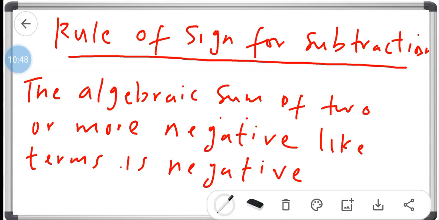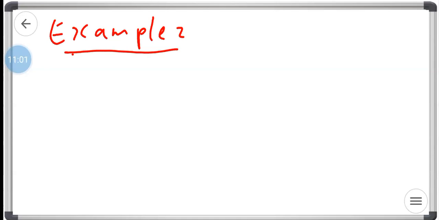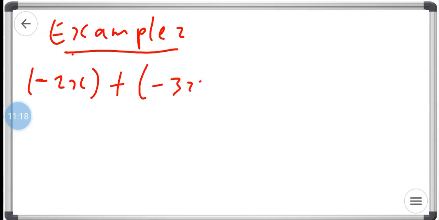So let's consider an example under that. Let's call this example 2. Let's have the first one: minus 2x plus minus 3x.